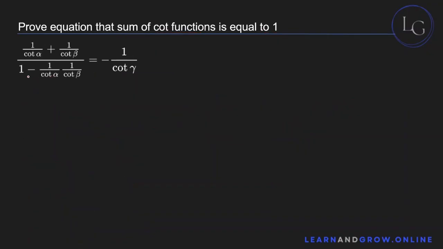And now, once you take the LCM in the denominator and the numerator, you get this, right? This happens because if you take the LCM over here in the numerator, you basically multiply this with cotangent beta and the denominator with cotangent beta as well.